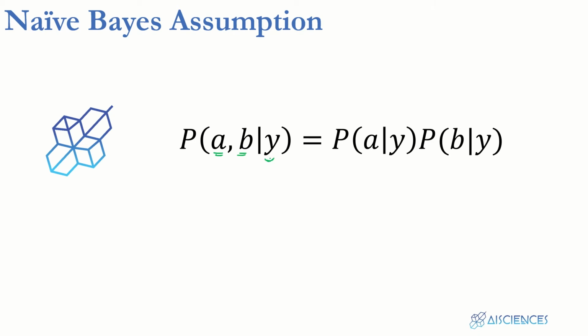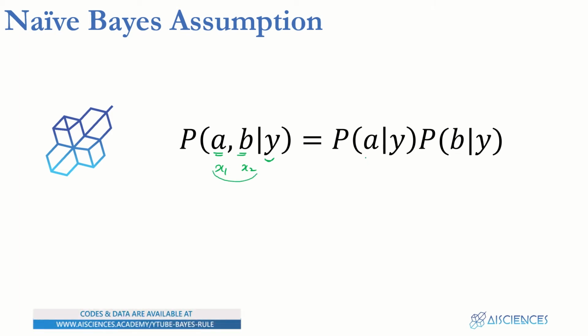That is called conditional independence. So think about A as x1, and B as x2. Rather than estimating a joint distribution in the space of x1 and x2, we can estimate the one-dimensional distributions individually, and with the assumption that the two features are independent in a given class, the joint distribution indeed is equal to the individual distributions.